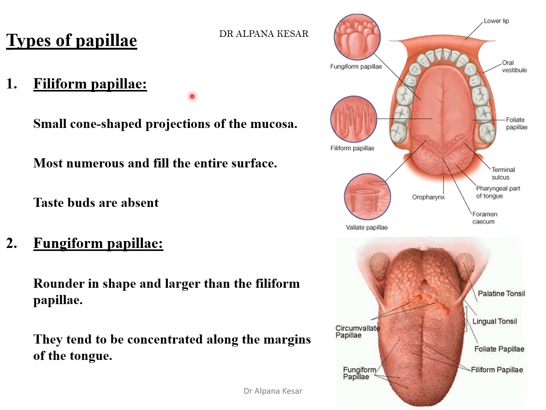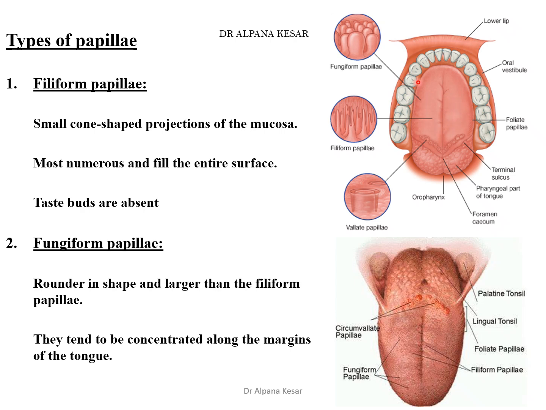Filiform papillae are small conical projections that fill up the entire 2/3 of the tongue. They are the most numerous of all the papillae and do not have taste buds present in their wall. Fungiform papillae are present interspersed between filiform papillae.